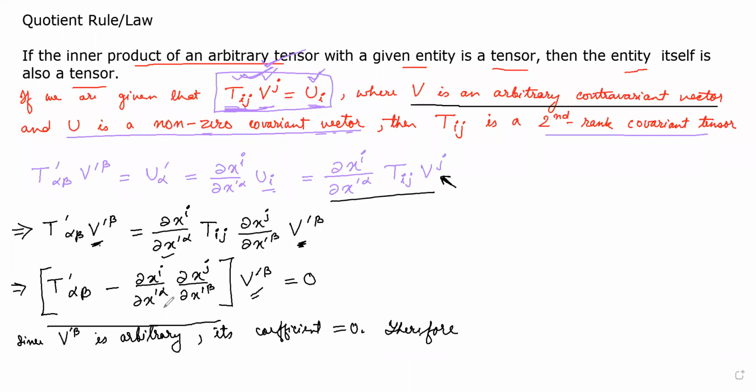The term inside the bracket being 0 means we can write it like this. That means T prime alpha beta is equal to dou xi by dou x prime alpha multiplied by dou xj by dou x prime beta. Oh, sorry, I am missing one Tij here. Okay, times Tij.